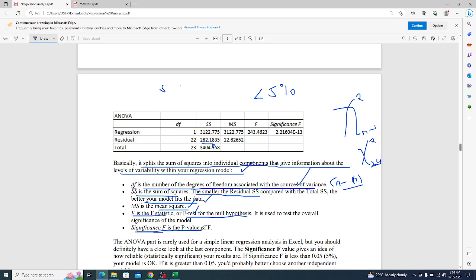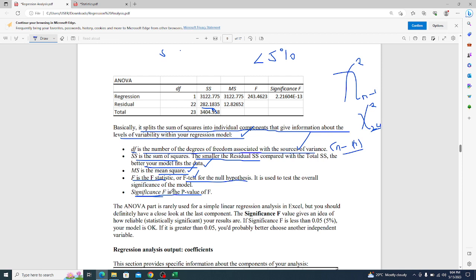So we are here under significance F. Significance F is the p-value of F. The ANOVA part is rarely used in a simple linear regression analysis in Excel, but you can definitely go and check more on that. What it means is that the significance F value gives an idea of how reliable or statistically significant your results are.